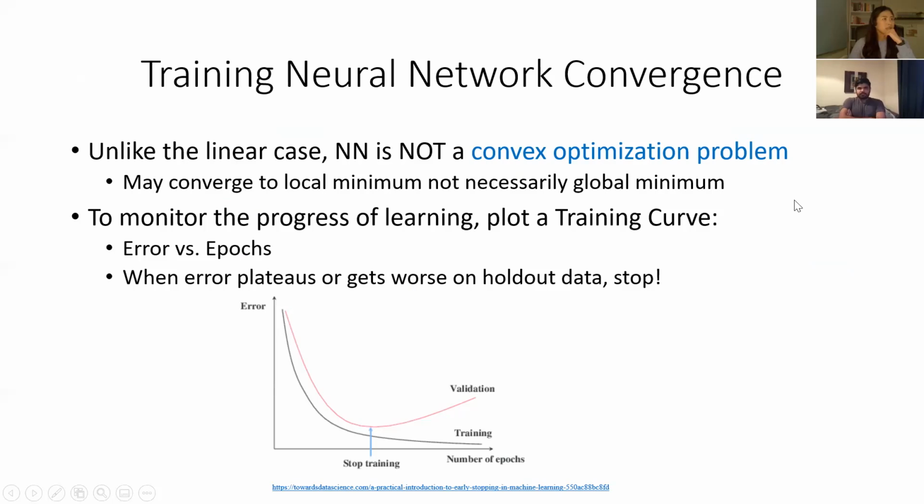A neural net is not exactly a convex optimization problem, which means we can train it and get pretty good performance, but it might turn out it wasn't a global minimum. It was a local minimum.